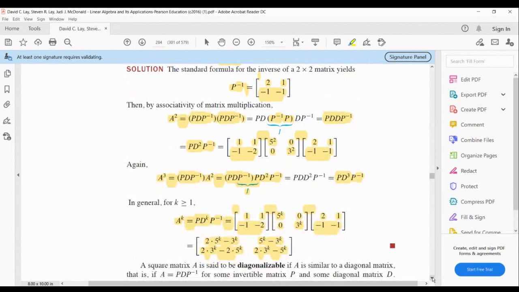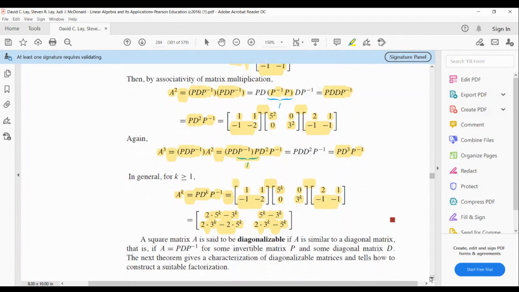Think about it. Here's what I'm trying to say. The fact that A is diagonalizable allows us to take any matrix, raise it to any power we want, and we can get the entries of A to the kth power.